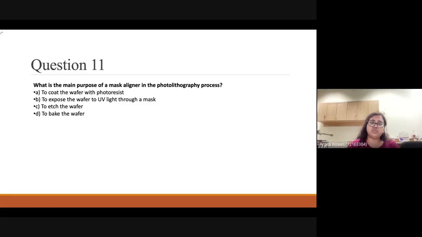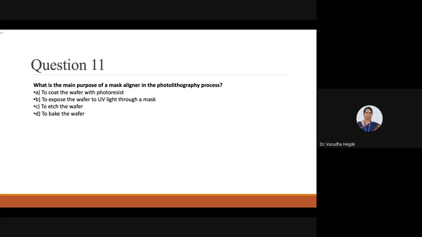The main purpose is to align, right? I mean, the mask as well as the wafer. That option is not there.